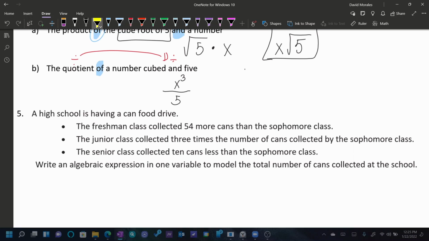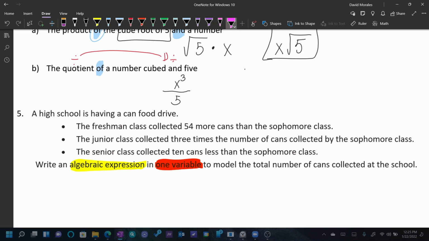Okay, so if you take a look, they want an algebraic expression, so they don't want you to solve it. And the second thing they want is one variable. That means they want all of these situations linked to one unknown.